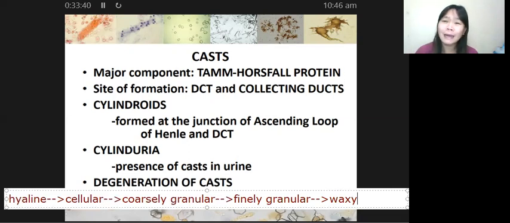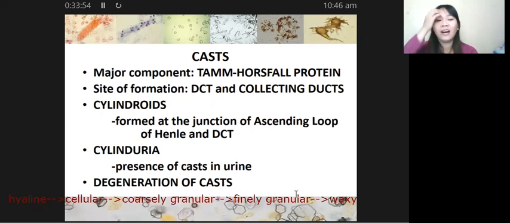So, kung hindi nagde-detach ang ating mga casts, magkakaroon sila ng or they will undergo a series of degeneration. Ngayon, time ko naman na magtanong. Alright, so kung i-compare natin, the different casts and taking into consideration urine stasis, pag nakakita ka ng waxy casts, ay sobra na ang urine stasis.